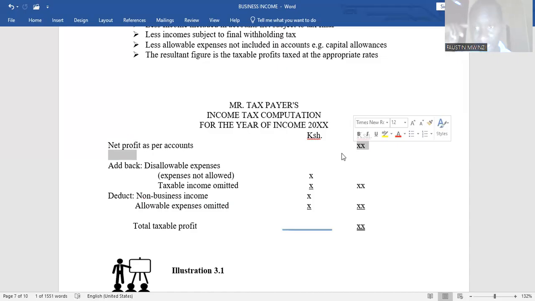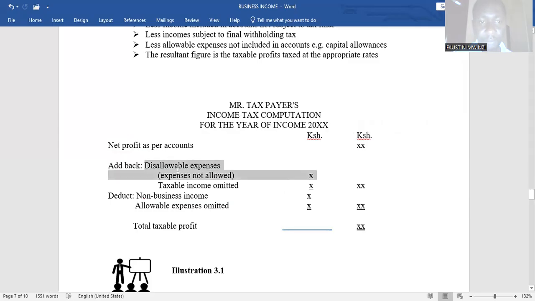For those non-deductible expenses that have already been deducted, you do the opposite of deducting, which is to add back. We use the language of adding back. You add the disallowable expenses, the expenses that are not allowed.